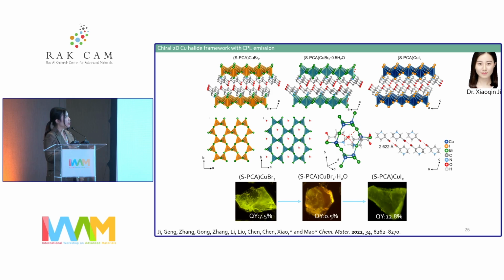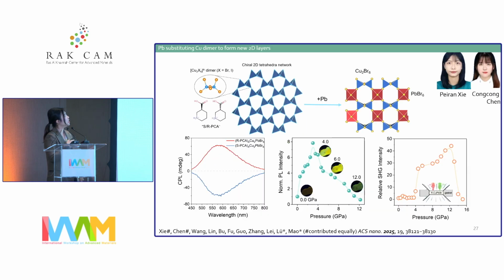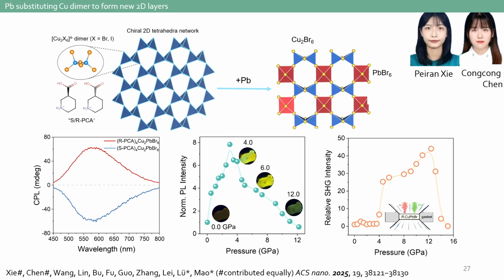If we use this as a starting point, we can make lead octahedra replace some of these copper dimers, so that you can form a new structural type which has a copper dimer with interconnected lead materials. And then we also characterize its circularly polarized luminescence and also the emission and SHG properties under high pressure.